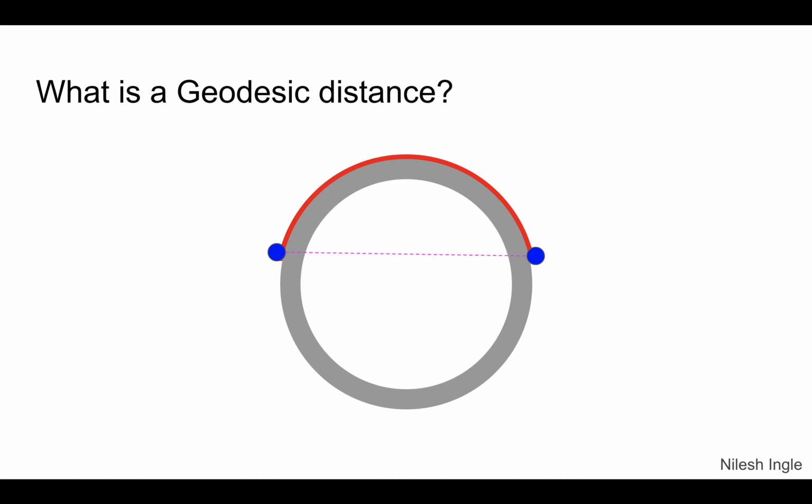So what geodesic distance would do is it will measure the distance between this point, but not along this straight line, but along the curvature of the surface. So imagine if this gray circle is planet Earth and these 2 blue dots are 2 cities on different sides of the Earth. Now if we want to find the distance between these 2 cities, the distance that we are actually measuring is the geodesic distance rather than the Euclidean distance.